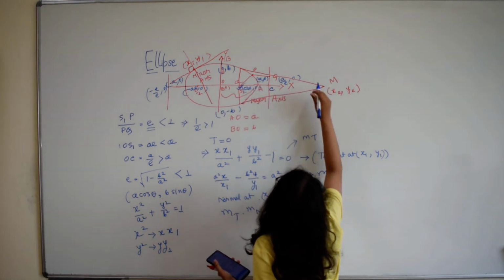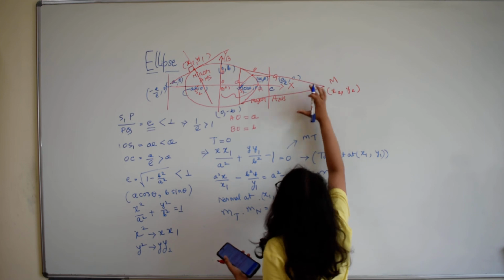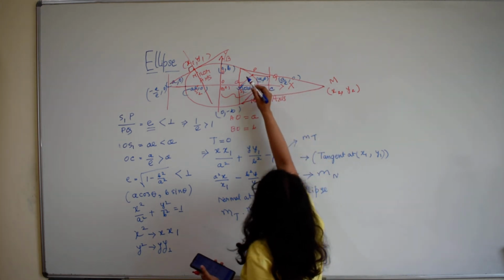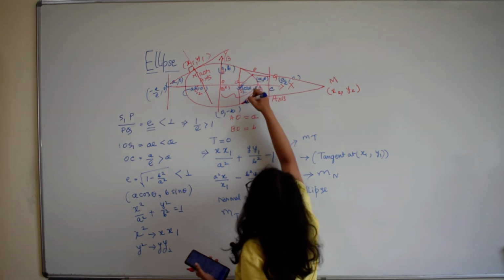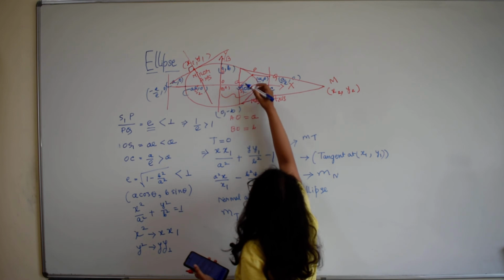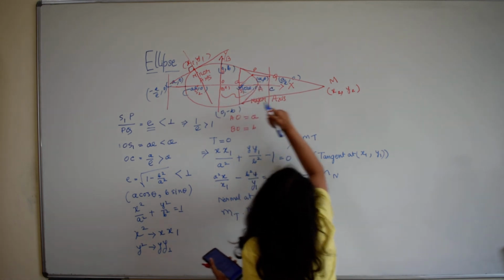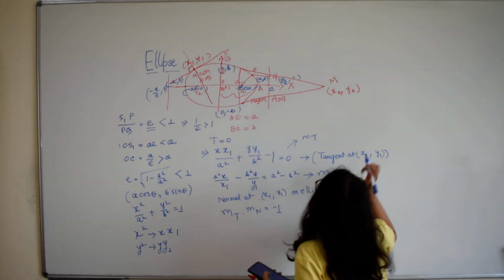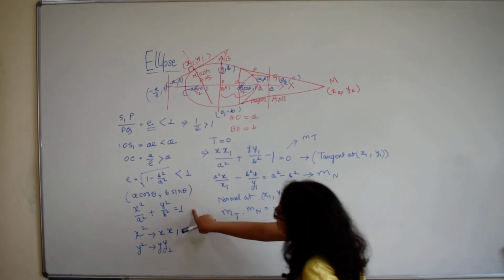That means we will draw two tangents on the ellipse, and those two tangents will touch the ellipse at 2 points, and joining these 2 points we get a chord. This chord is called the chord of contact, which is similar to that of a circle. So the ellipse equation is this.